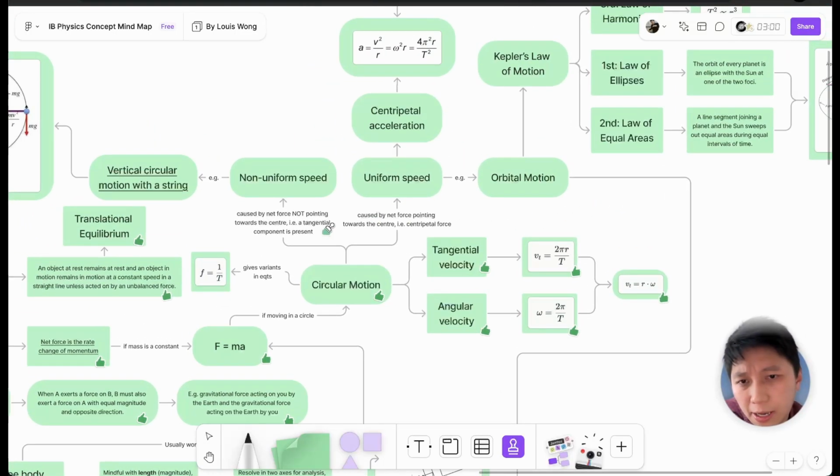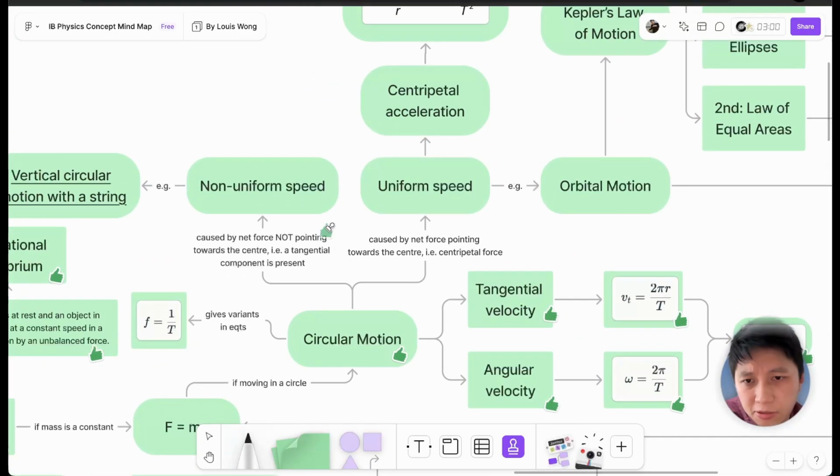Now in IB Physics, you're expected to know both uniform and non-uniform circular motion. When you have a uniform one, that's because there's a net force, which is a centripetal force, pointing towards the center, which is most of the cases that you encounter.